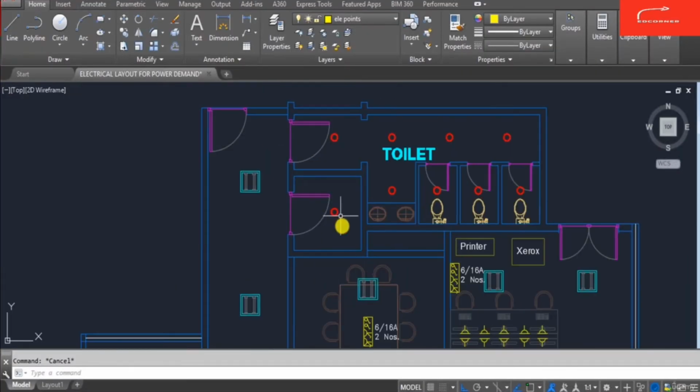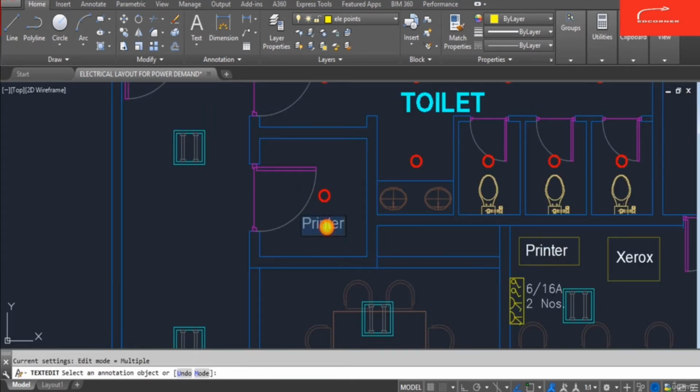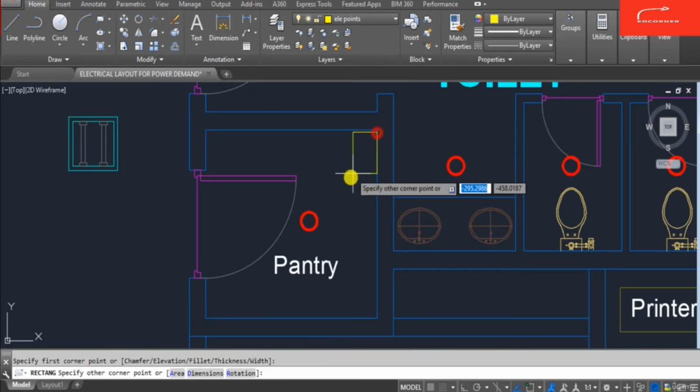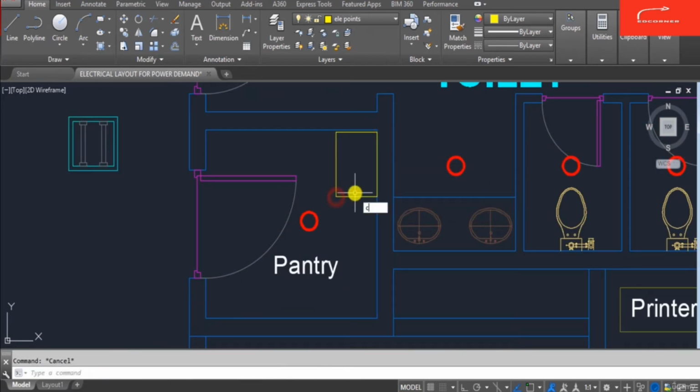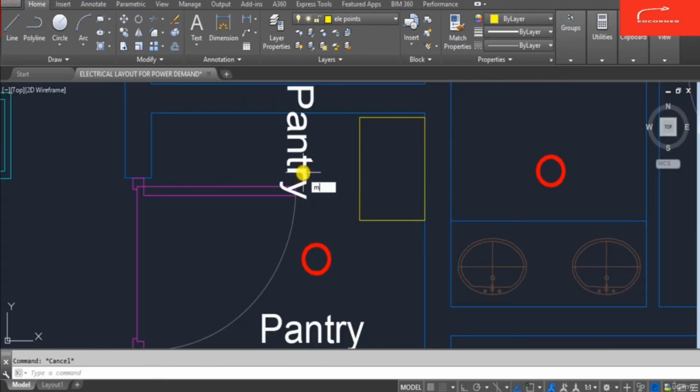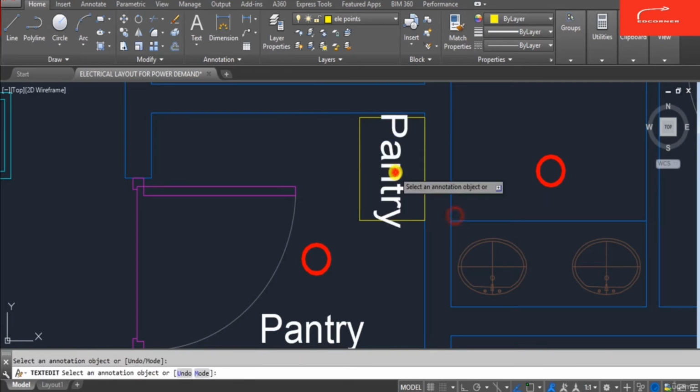The next tag number 008 is there, and what is that? For example, this area is the pantry area. I will mention like here the pantry area is there. In a pantry, there is a certain equipment called an oven. An oven is always there in a pantry. So here is the oven, and I will mention the oven like this.